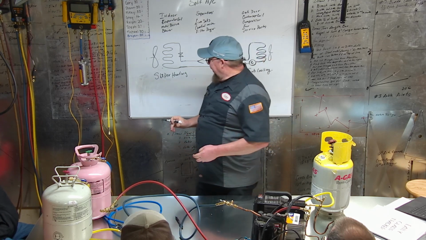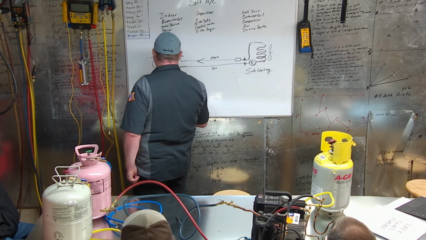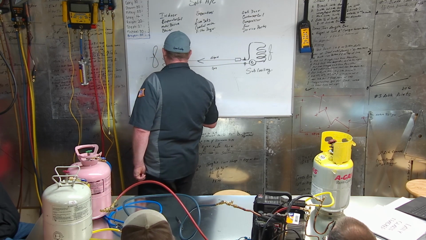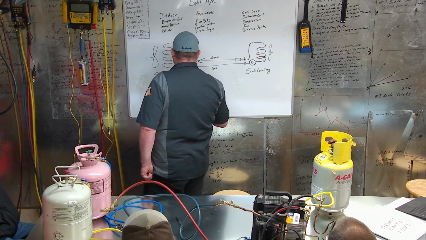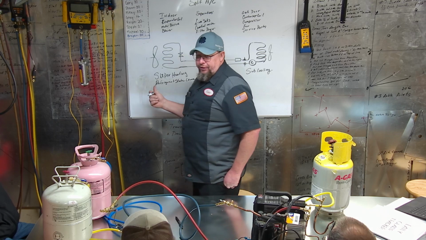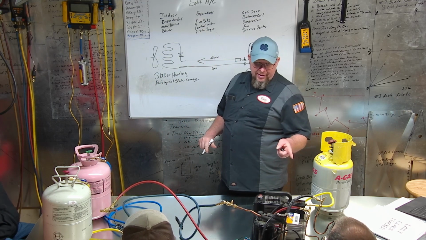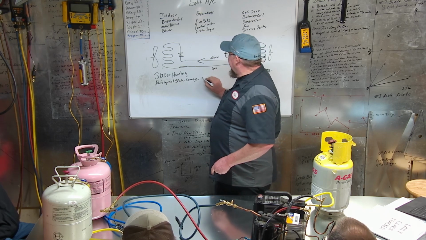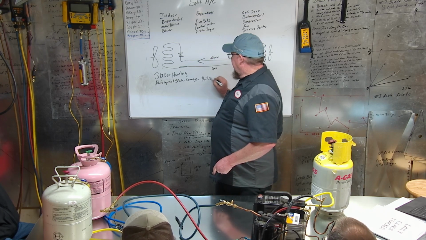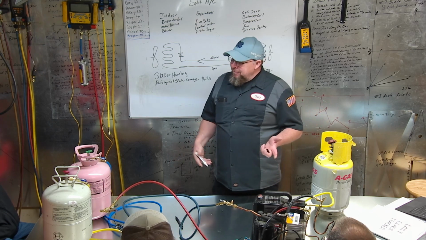It does. That's a very good answer. What does it do to the refrigerant, Sean? Changes it from a liquid to a gas. Yeah, so it boils it. Right, it's a liquid coming in, it's a gas coming out.